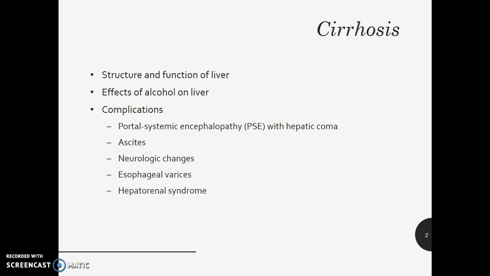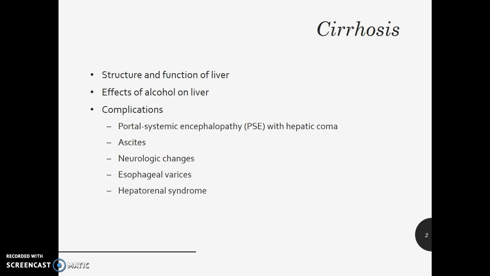Some of the complications of cirrhosis can be all these that are listed. One of the most common ones that we typically see is ascites, and some neurological changes such as confusion related to hepatic encephalopathy and esophageal varices, which I'm going to review and show you a little detail on.